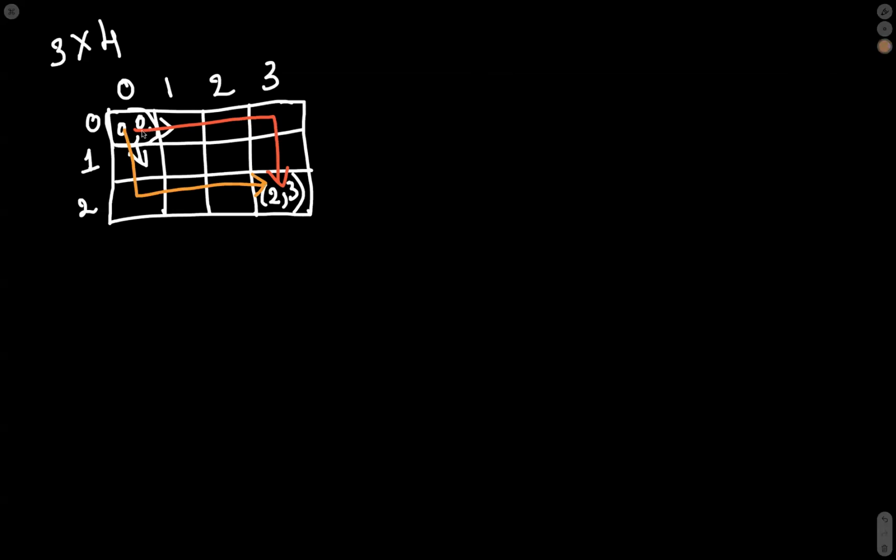And I can travel to the right, then come down, and then travel in the right direction, like this. So there are multiple paths, and I'm just showing what they are trying to find. All these things are the paths.